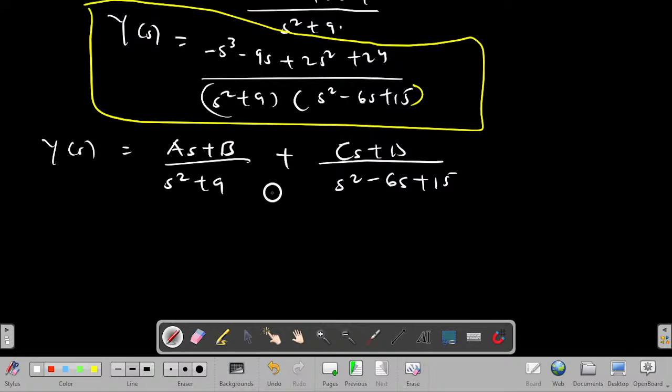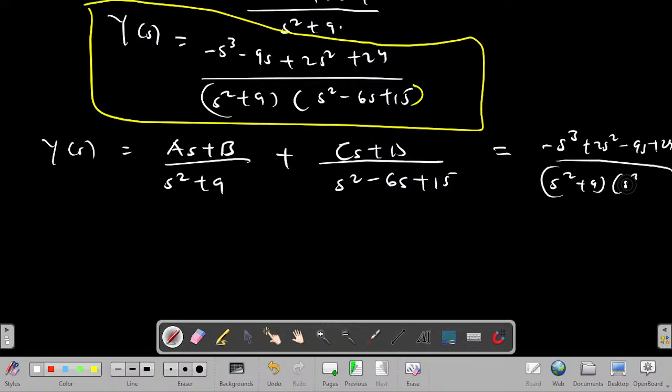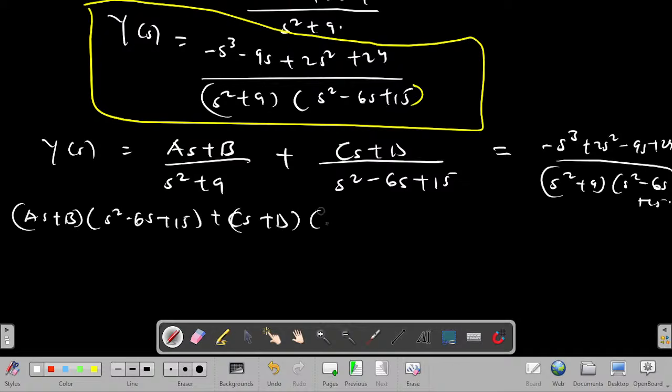So now that I have this, it should be equal to negative s cubed plus 2s squared minus 9s plus 24 over s squared plus 9, s squared minus 6s plus 15. So here is where the real work comes in. So I have As plus B multiplying s squared minus 6s plus 15, plus Cs plus D multiplying s squared plus 9.